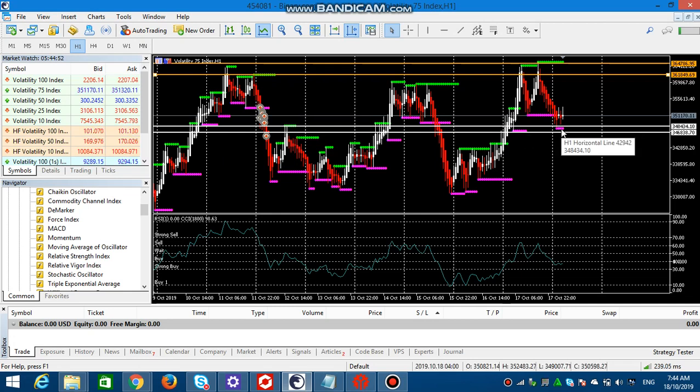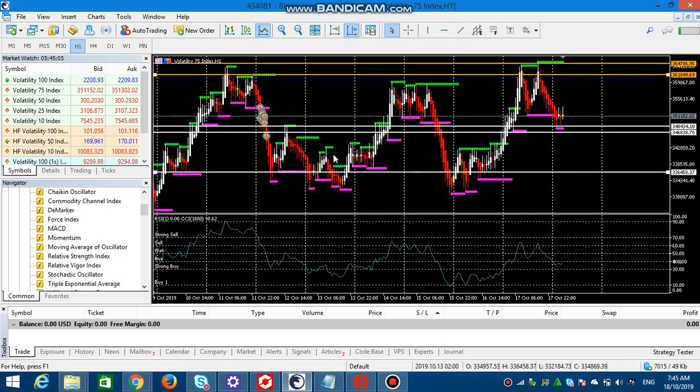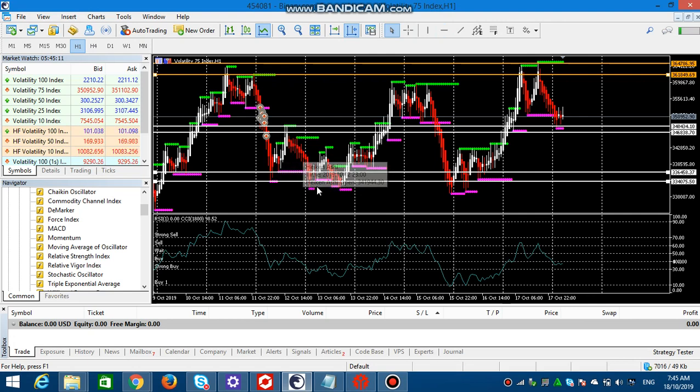This is the support. Why? Because you can see prices were rejecting here. That's why there are purple dots here. Let me mark another support, this one down here. You see this area, prices were coming, rejecting, coming, rejecting, coming, rejecting.